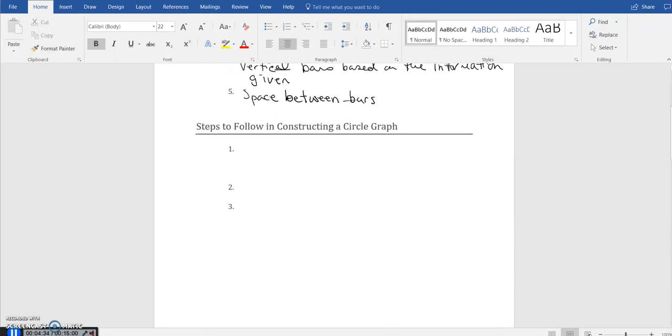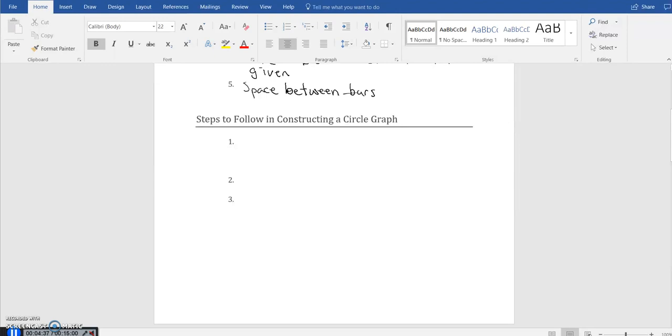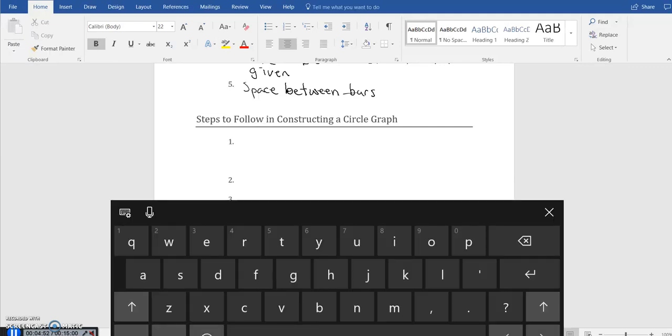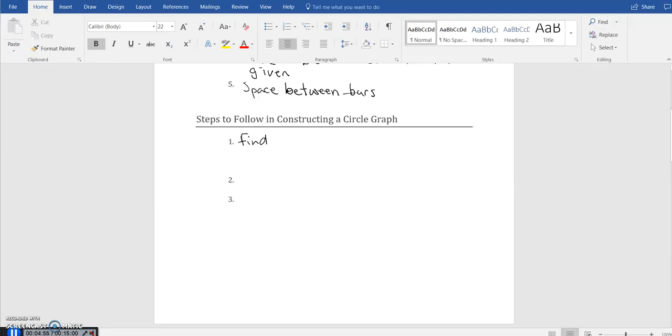Okay, so now let's talk about steps in constructing a circle graph. Okay, and they are as follows. So, of course, when I'm dealing with a circle graph, remember, my circle graphs are parts of a whole. So the first thing I need to do is find the central angle for each category.